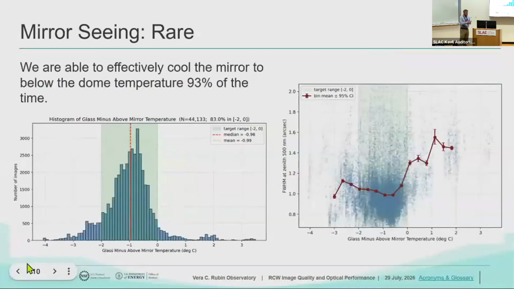So this is basically how well we're controlling the bulk temperature, and also showing that we're not seeing too many instances of actual mirror seeing, that is, distortions and instabilities in the air above the glass.